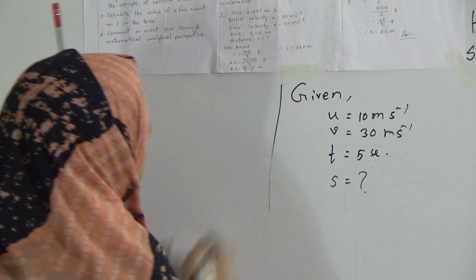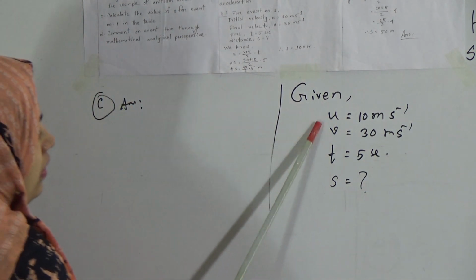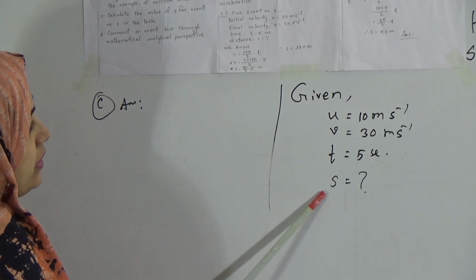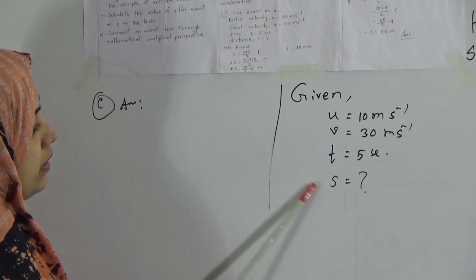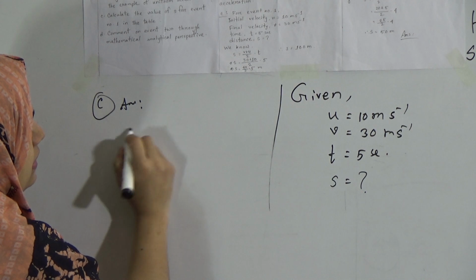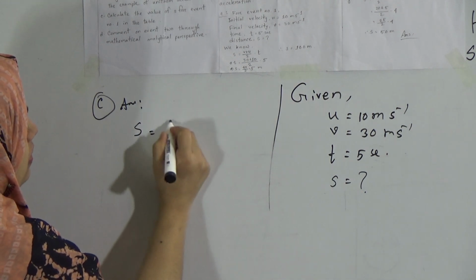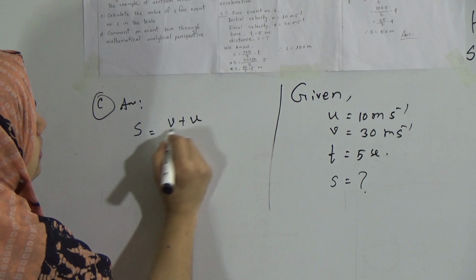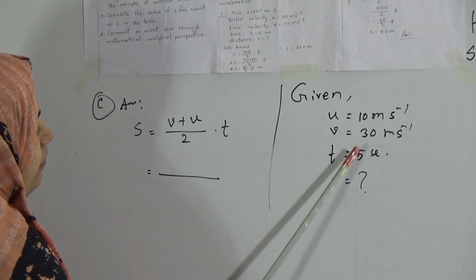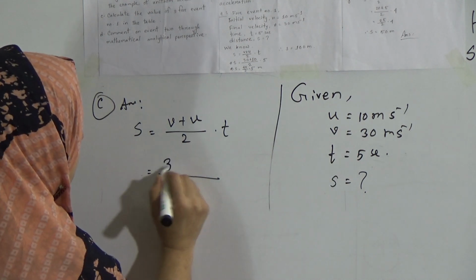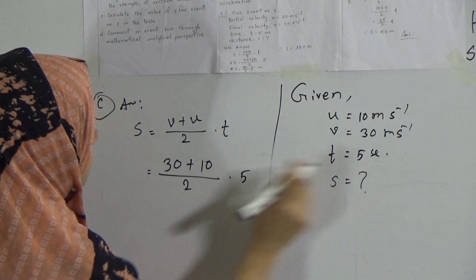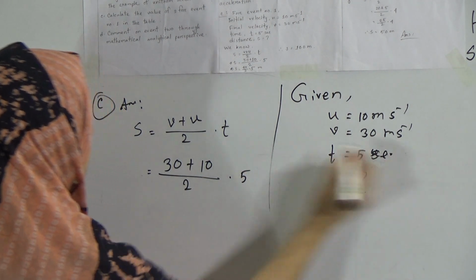Distance is equal to what? My dear students, here given initial velocity, final velocity, and time, so we have to find out distance. That means the second formula is appropriate for this. We know S equals (V plus U) divided by 2, into T. So V is 30 plus U is 10, divided by 2, into T is 5 seconds.